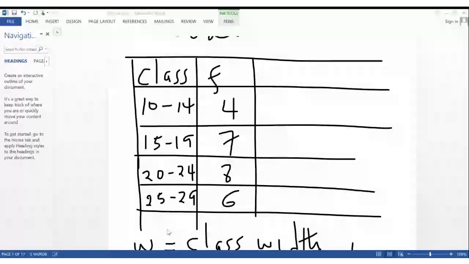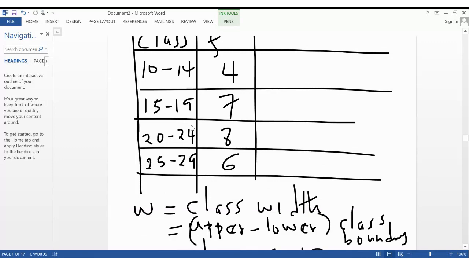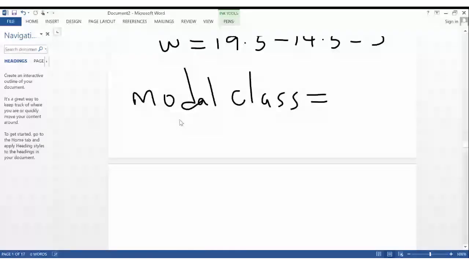Okay, yes, true. 20 to 24, because it has the highest frequency of 8. That's okay. At least now we are following. So the modal class, we can agree, is 20 to 24, because it has the highest frequency.